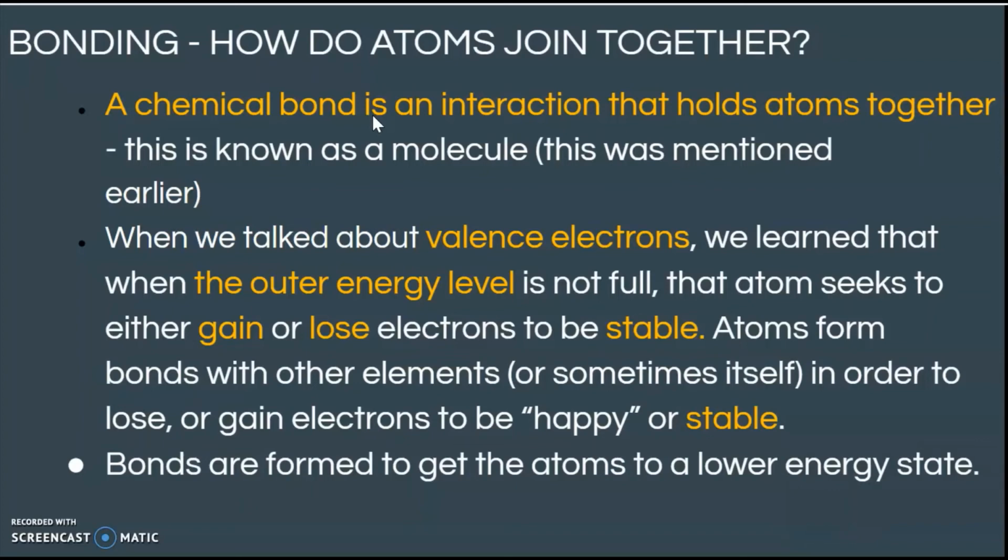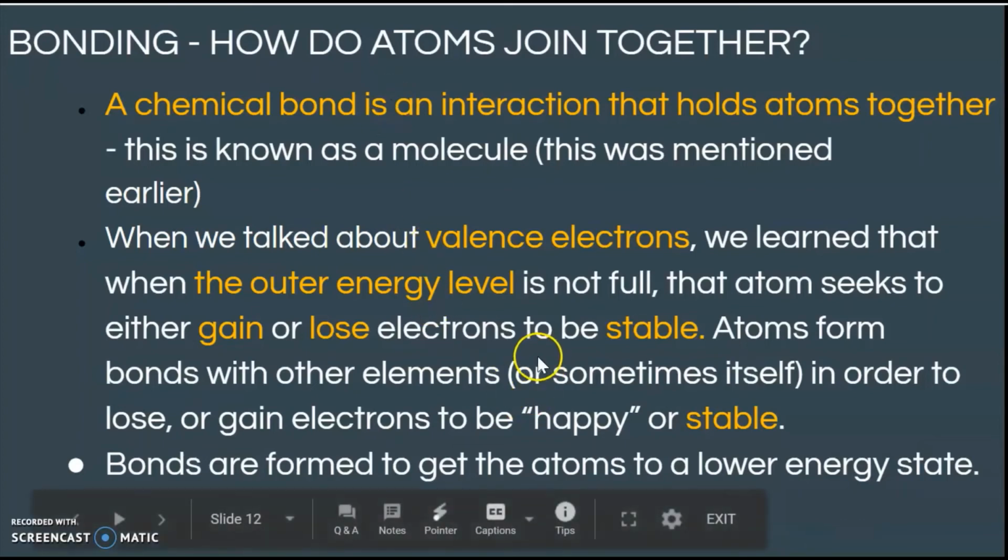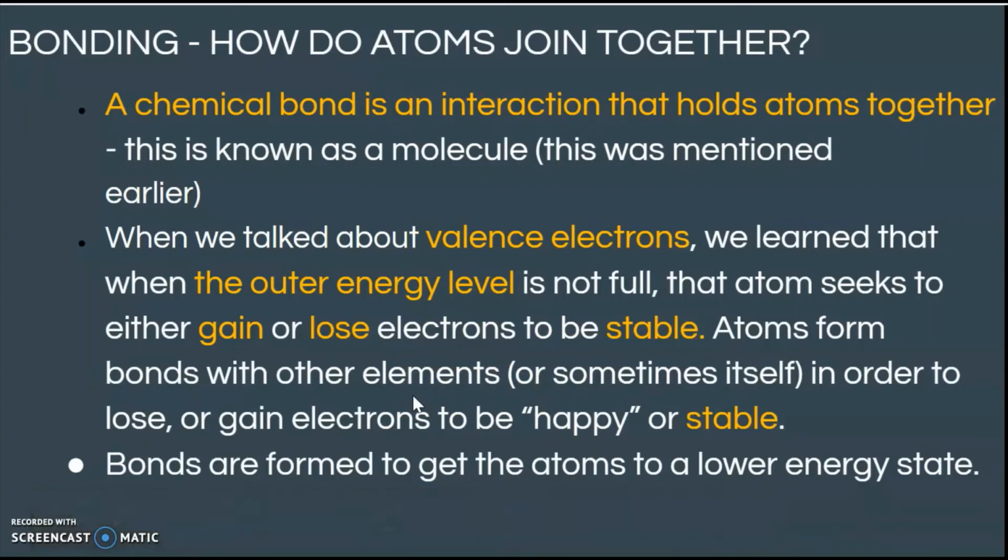So atoms form bonds with other elements, or sometimes with other atoms of itself, in order to lose or gain electrons to be, we say, happy or stable. And we think about that octet rule, so that an element has 8 electrons in its outer shell. So bonds are formed then to get the atoms to a lower energy state so that they are more stable.